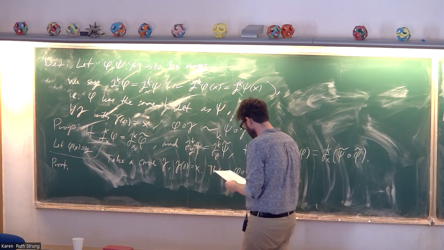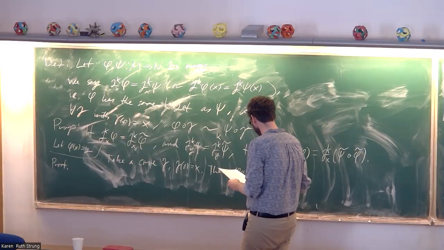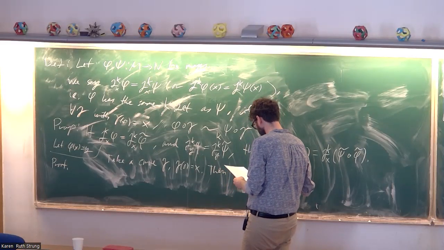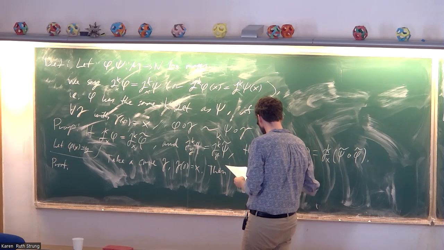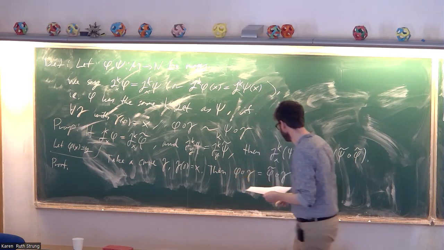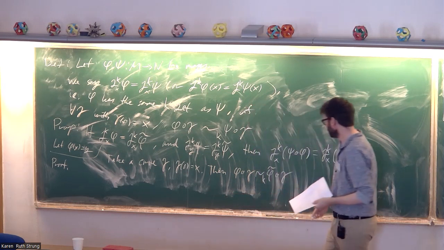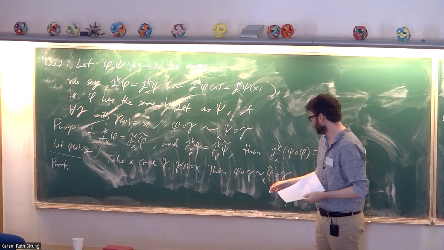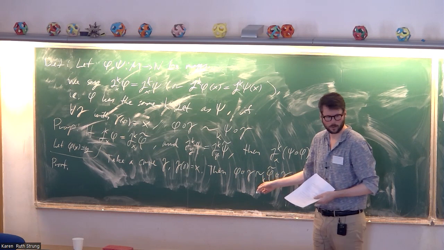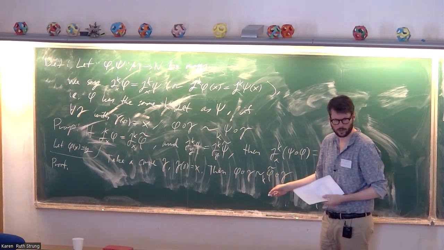Then by definition, we can take phi and phi tilde, pull back, and get the same kth order contact.